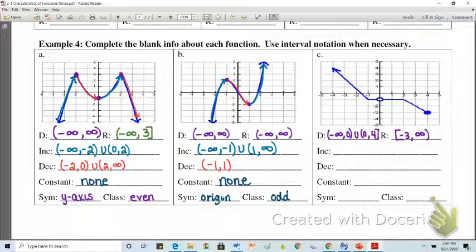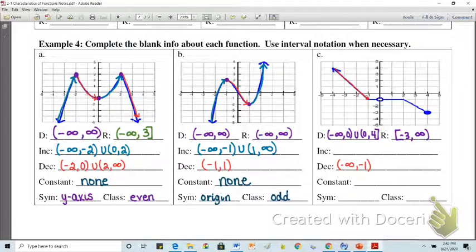So next we're going to look at increasing, decreasing, and constant. As I go from left to right, my graph is decreasing. So it is going to be a decrease from negative infinity to -1.